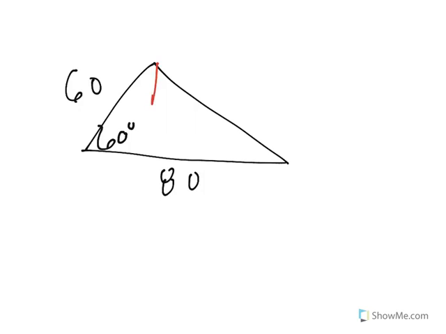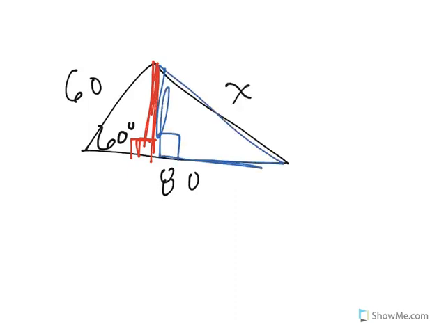Just to show you that in the other case where this is less than 90 degrees, still 80 and 60 here, we can do the same trick. This time we'd make an altitude here. And here's our unknown side. So this blue triangle is the right triangle we're going to deal with, that x is the hypotenuse of it. But the sides are no longer 80 and 60. This upright side here is 60, which is the hypotenuse, times sine 60, so that's 30 radical 3, like in that last example.